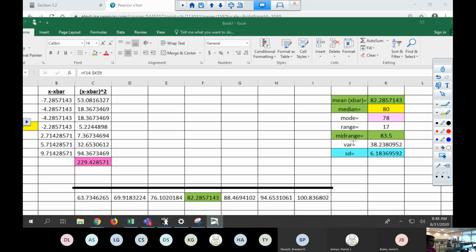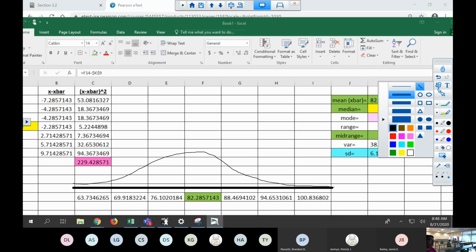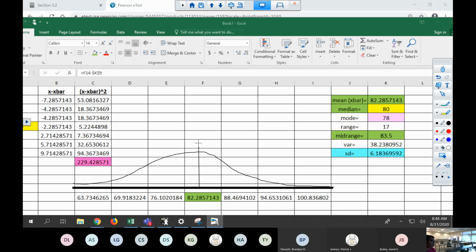Okay, and this, don't laugh. There. Don't you laugh. Unless you can draw with a mouse, I can't. And there's your mean in the middle.